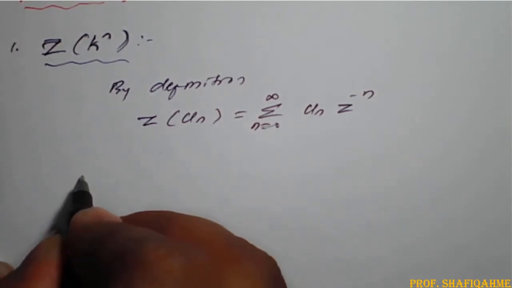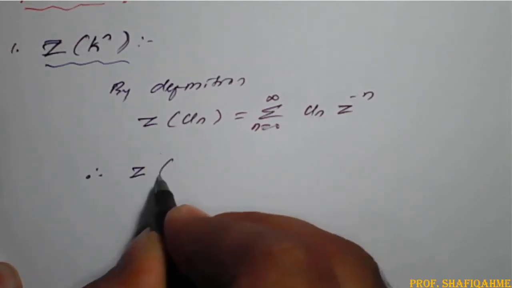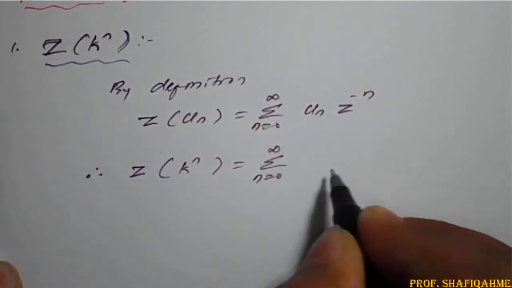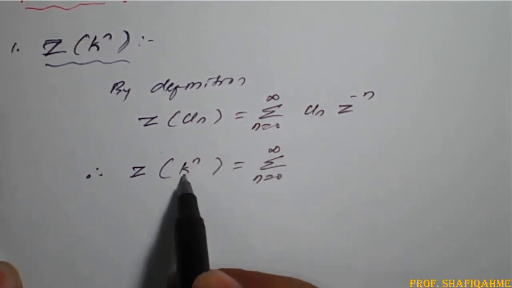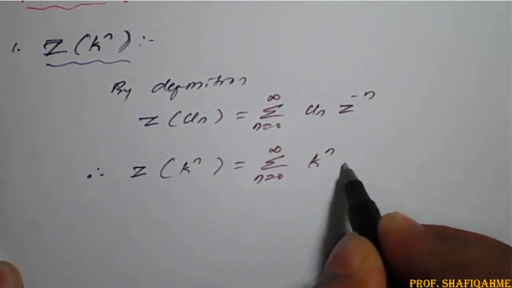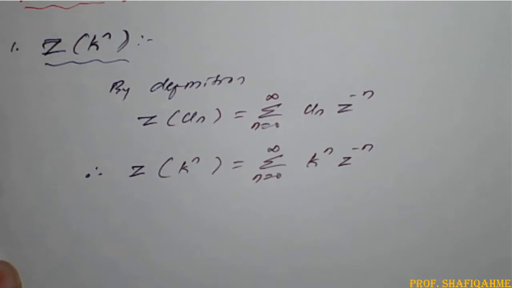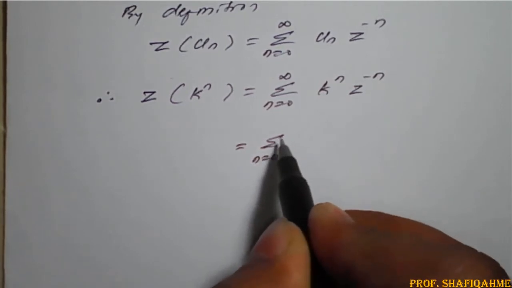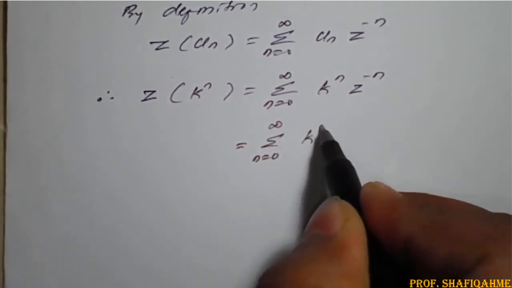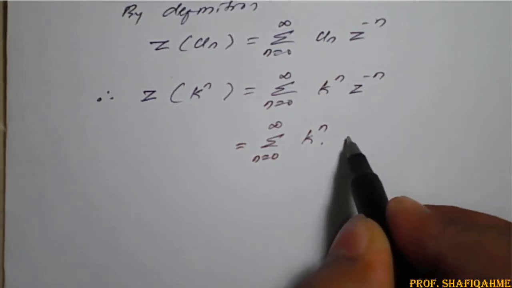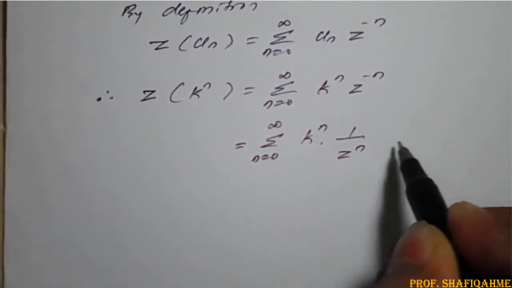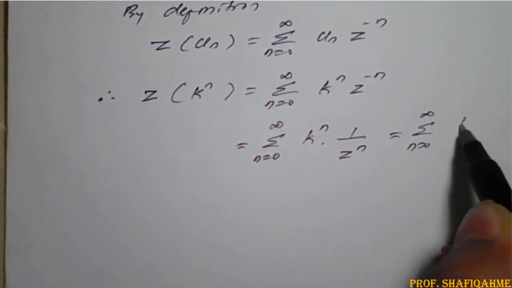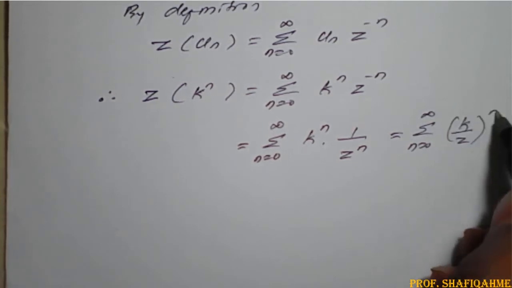Therefore, the Z transform of k raised to n is equal to summation n from 0 to infinity. In place of u_n we are replacing k^n, so it will be k raised to n into z raised to minus n, which can be written as summation of n from 0 to infinity k raised to n. This z raised to minus n can be written as 1 upon z raised to n, which can also be written as summation n from 0 to infinity of (k upon z) whole raised to n.